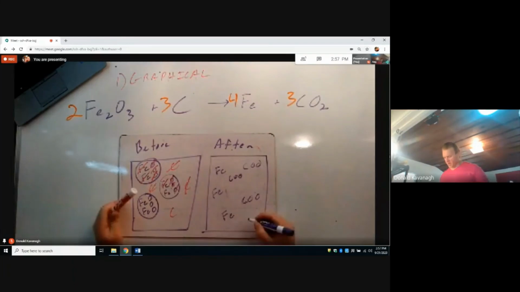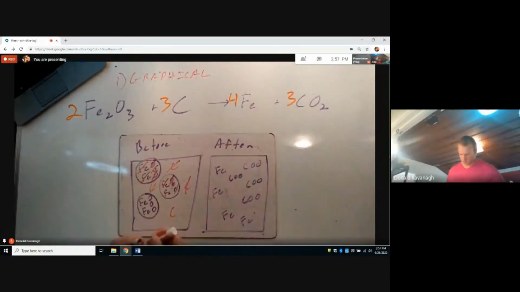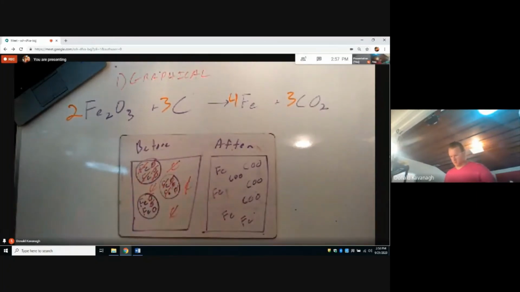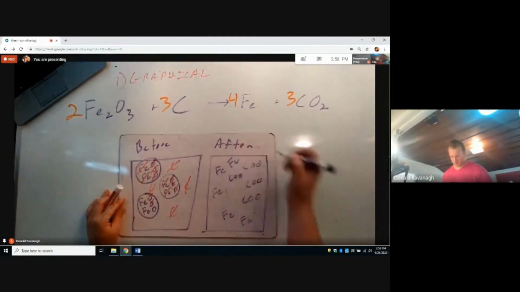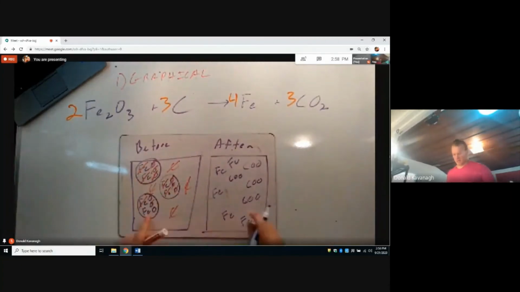And then another iron and CO2. I could potentially make another iron, but I can't make any more CO2s.